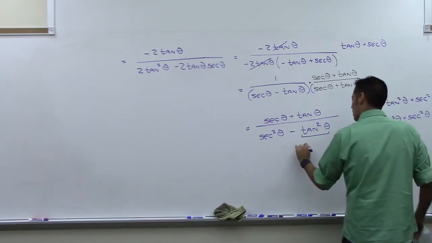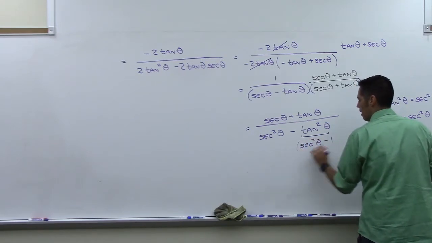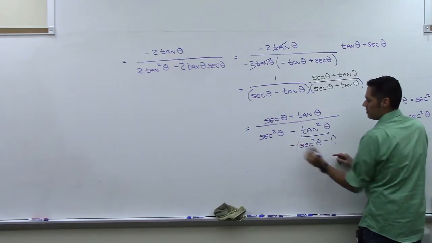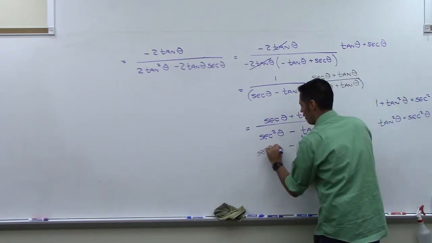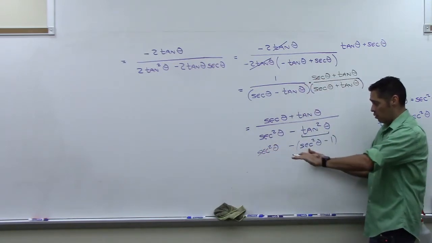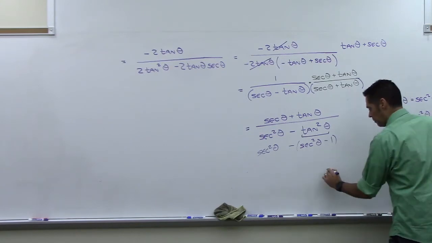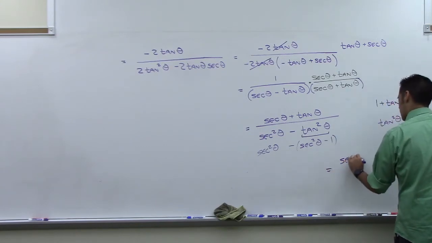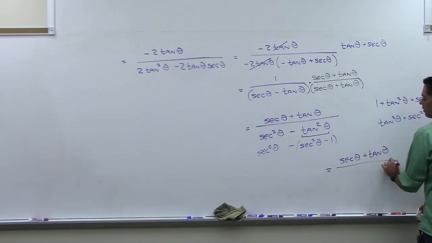So if I replace this with secant squared theta minus 1, and I have a minus in front of it, then I still have the secant squared out here in front of it. Secant squared theta minus secant squared theta, they go away, and you get minus 1 is plus 1. So you get secant theta plus tangent theta over 1.